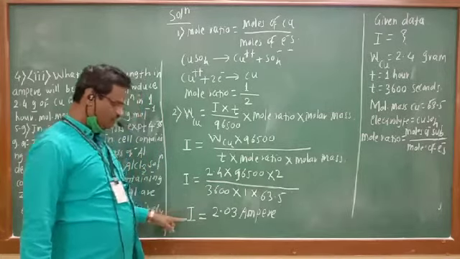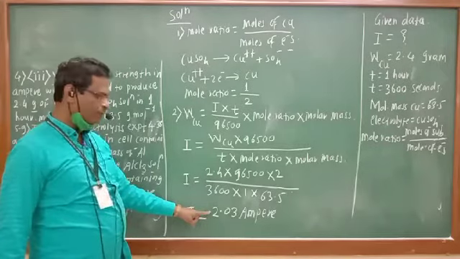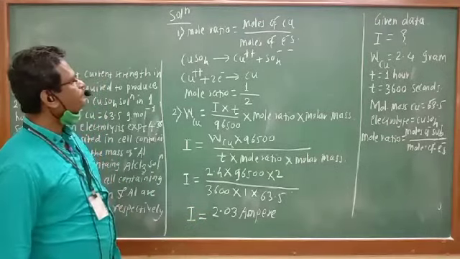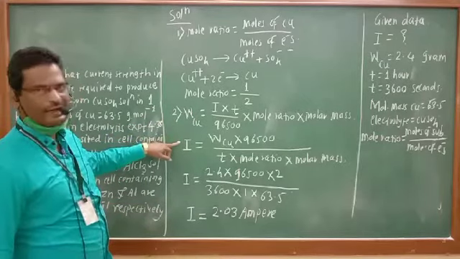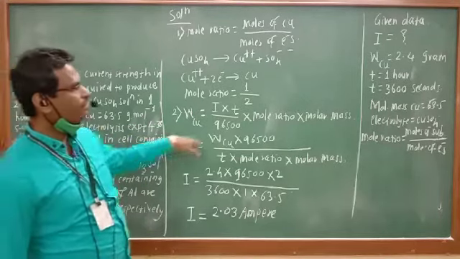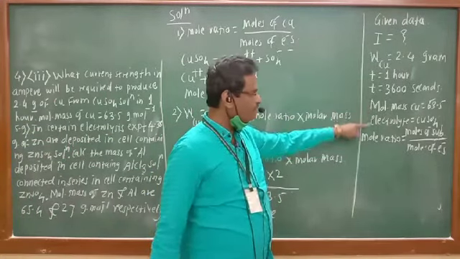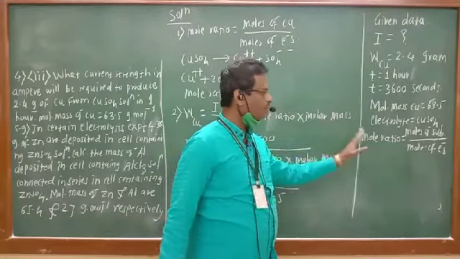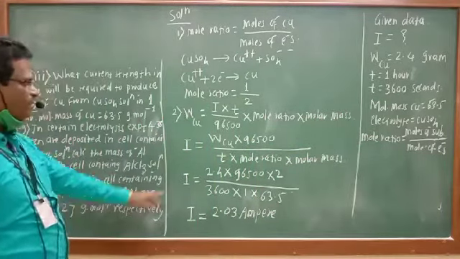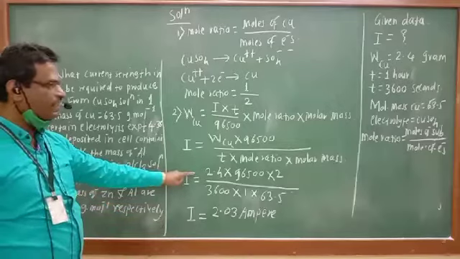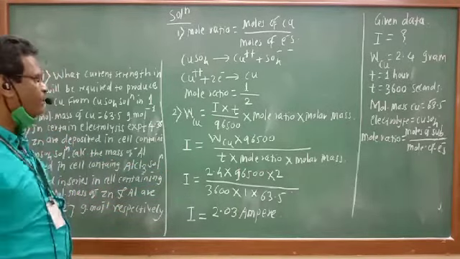That antilog is nothing but the current strength I, and that answer must be 2.03 ampere. That is how current strength I can be calculated if weight, time, molar mass, mole ratio and electrolyte name are given. Only this calculation I am telling you to perform as homework.